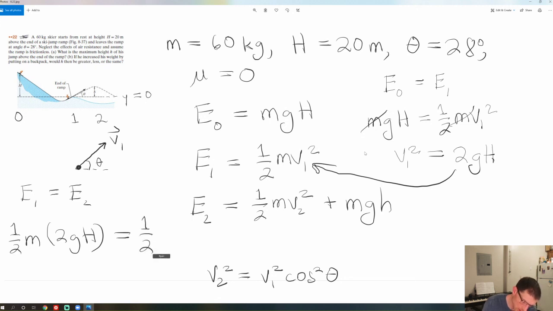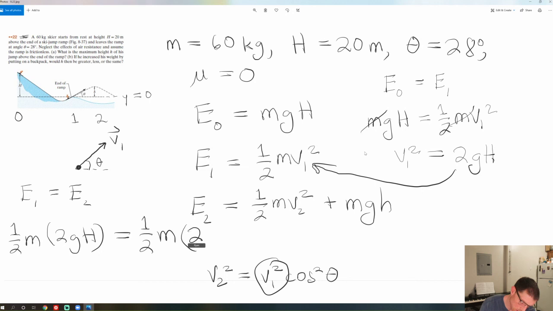For the kinetic energy, we're going to have this 1/2 m, and then v1, nope. So v1 squared is 2gh, right? So this is 2g big H, I should say.